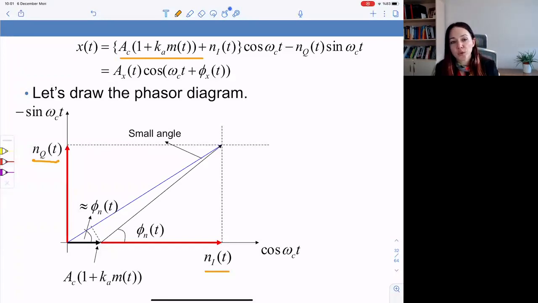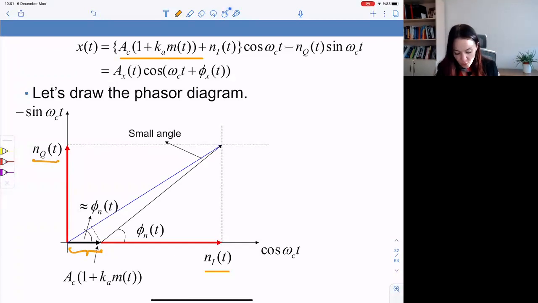This is a low signal to noise ratio limit, remember? And my signal is here, the black vector that's aligned with the in-phase noise, of course, is my signal component. Okay, it is smaller with respect to noise. So let's see what happens.